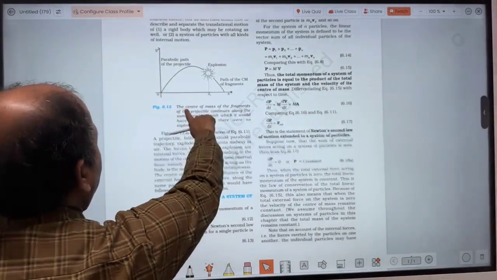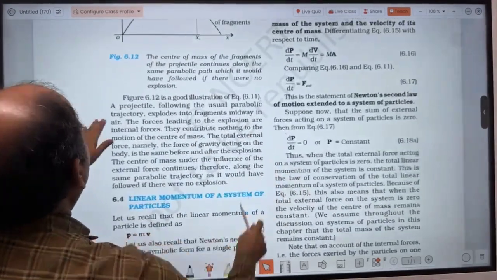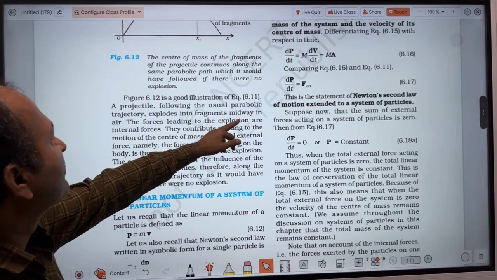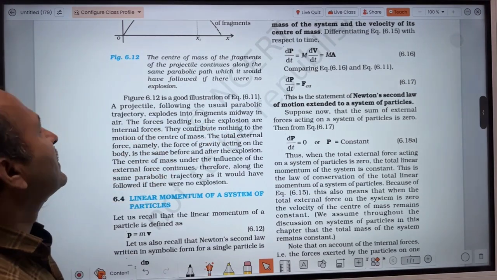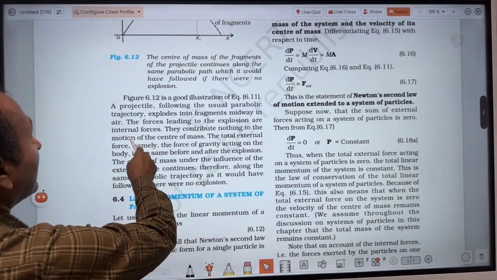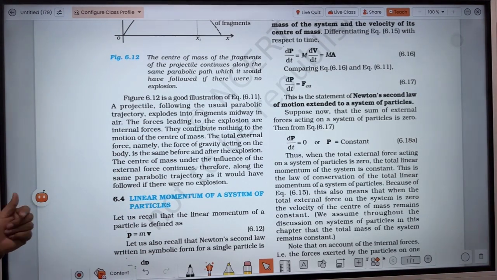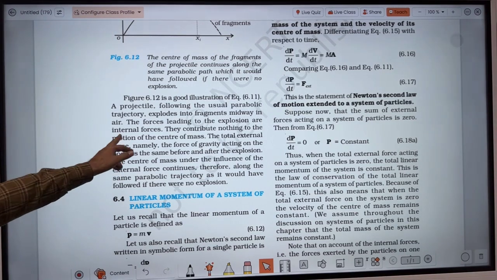So a projectile, here we can read it. A projectile following the usual parabolic trajectory explodes into fragments midway in air. The forces leading to the explosion are internal forces. If they are internal forces, then the direction will remain the same, or usual.